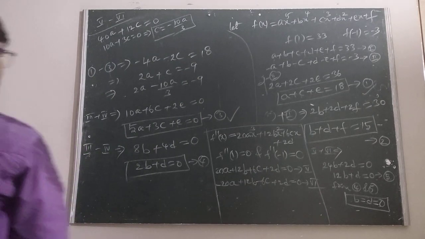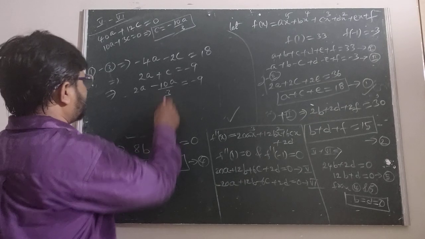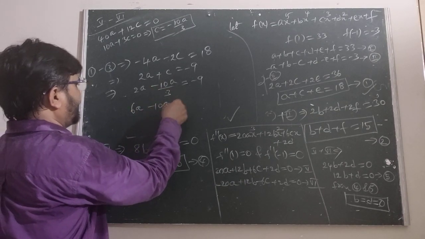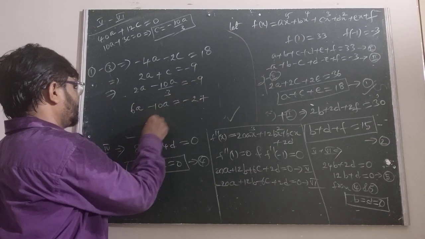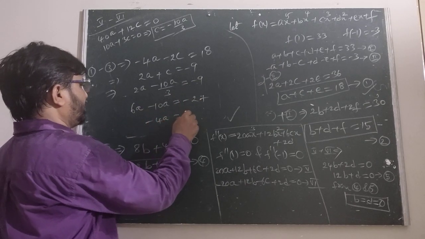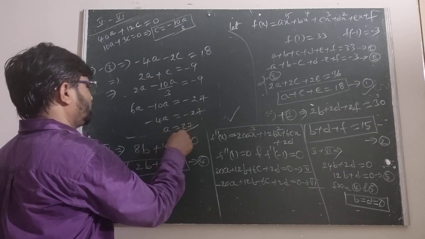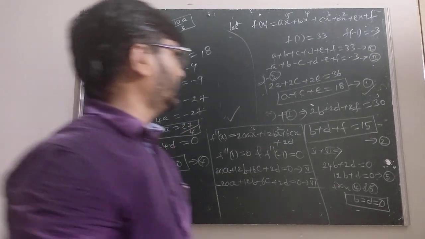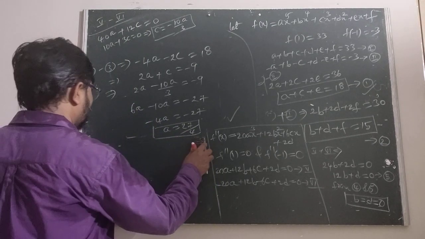Taking LCM 3, we get 6a minus 10a equals minus 27. Therefore minus 4a equals minus 27, and a is 27 by 4. This is the value of a.